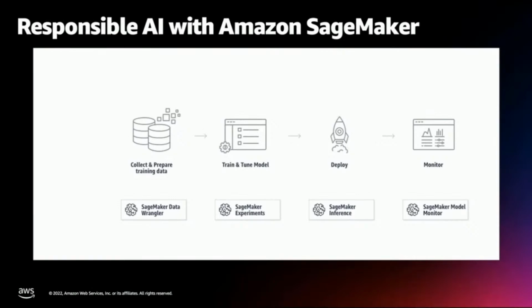One needs to start with collecting and preparing data, for example, by using SageMaker Data Wrangler, and possibly labeling it first with SageMaker Ground Truth. Then the model needs to be developed, trained, and tuned where SageMaker Studio, SageMaker Experiments, and training can all help. And finally, the model needs to be deployed and monitored with SageMaker Inference and Model Monitor.